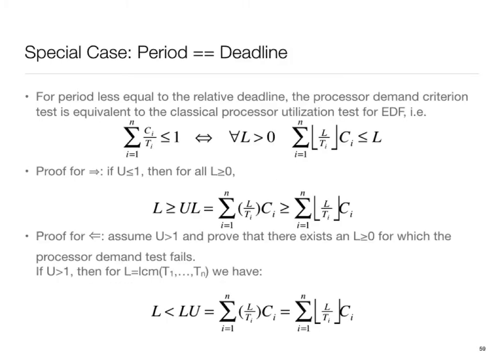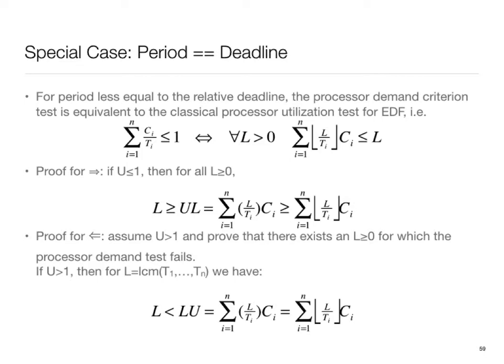Now, looking at the particular case of period equal to deadline, remember that was the case for which we were doing the simpler test. In that case, it turns out that this test, that for all L the demand is less than or equal to L, is equivalent to U less than or equal to 1.